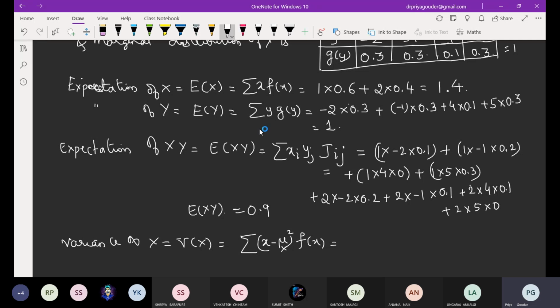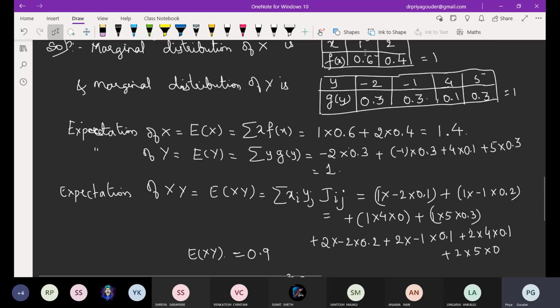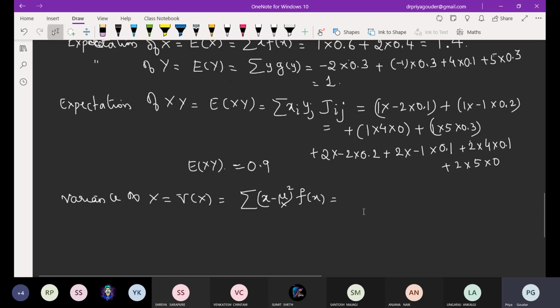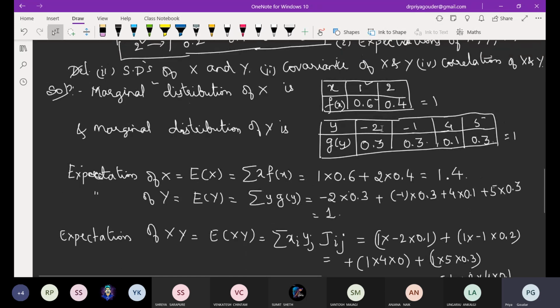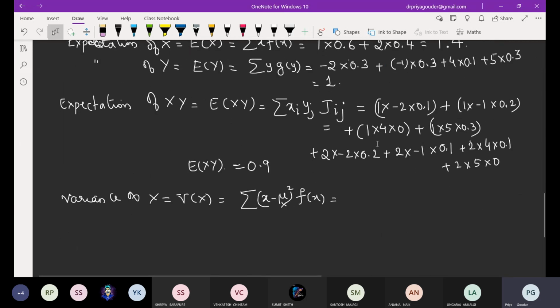So this is 1.4. So take the first value of x, which is 1, minus 1.4, square it, and then multiply with the corresponding value of f of x. What is the corresponding value of f of x for 1? It is 0.6.